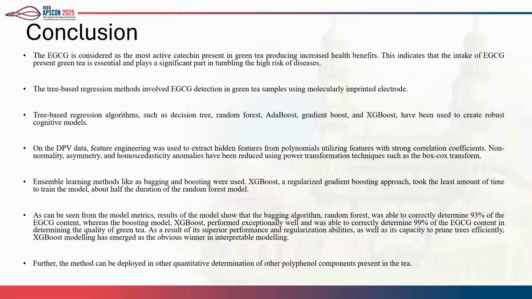We have taken the response based on the TPV, and we have used ensemble learning techniques, bagging for random forest and boosting for XGBoost, where we have also seen that boosting performs better than bagging in this scenario. And from the metrics, we can say that 99% of the EGCG content can be determined very easily with the XGBoost algorithm.